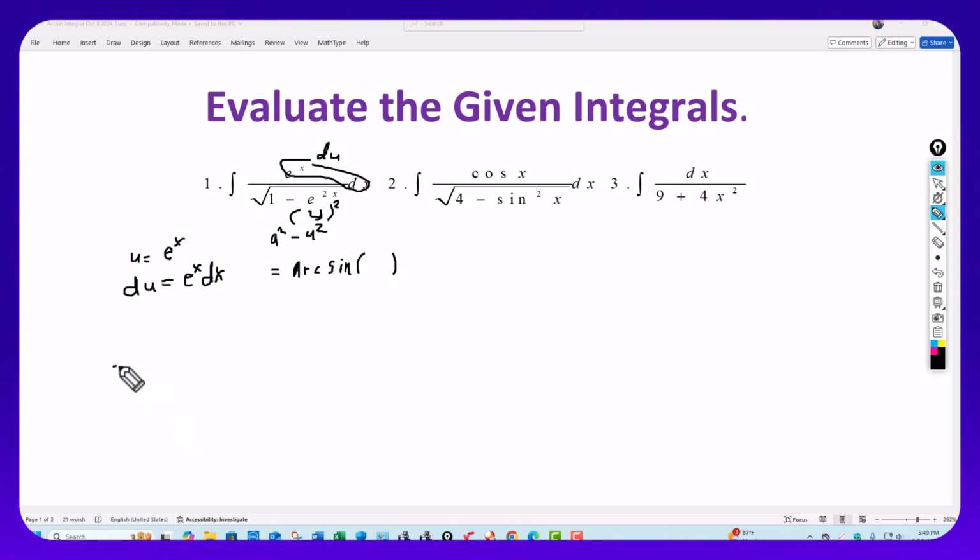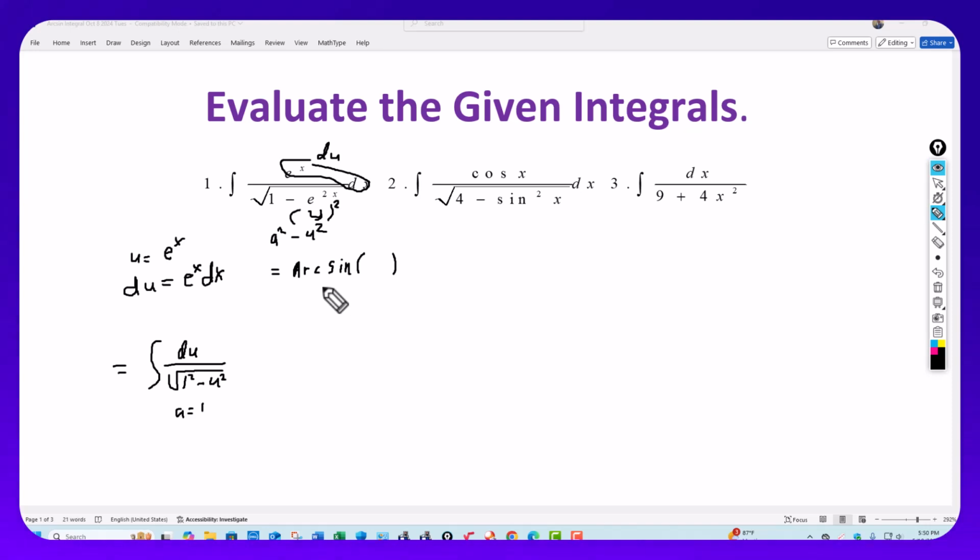So I could actually write it in that form. Say, okay, the integral then is e to the x dx, that represents your du. And then it's the square root of a squared. In our case, we have a 1 there, so it's 1 squared. So for this problem, a is equal to 1. Then minus u squared. In our case, u is e to the x.